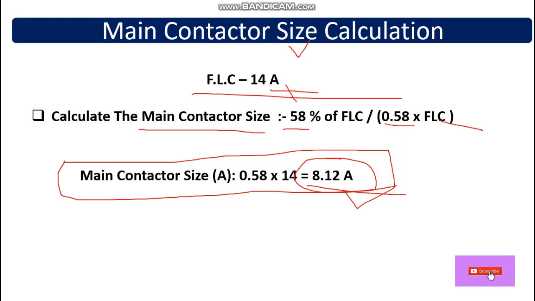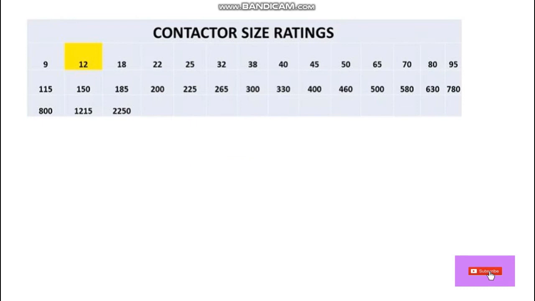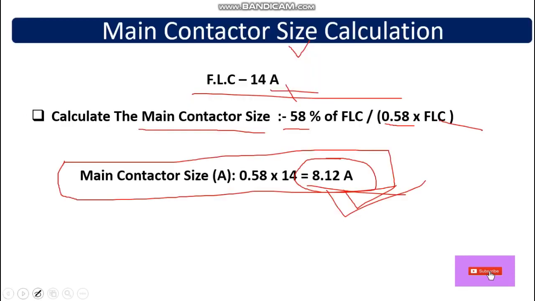So what we have to do, we have to look into the contactor size selection chart, whether it is available or not in the market. Here these are the ratings which are available in the market: 9, 12, 18, 22, like so. Our value is how much? 8.12.